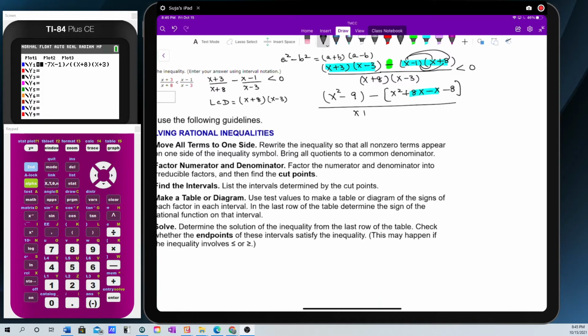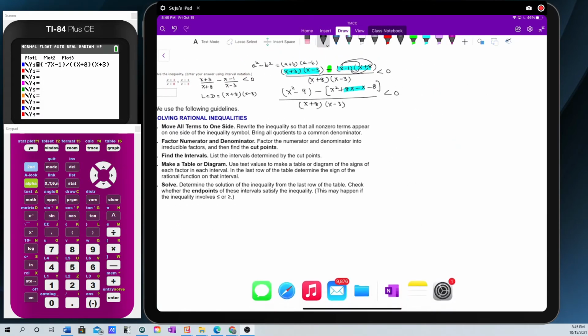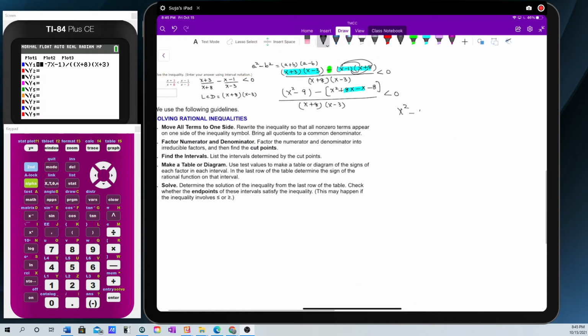Okay, x plus 8 times x minus 3 less than 0. So if I combine those two, I'll have an x squared minus 9 minus x squared plus 7x minus 8, the whole thing divided by x plus 8 times x minus 3 less than 0. Distribute this negative sign.